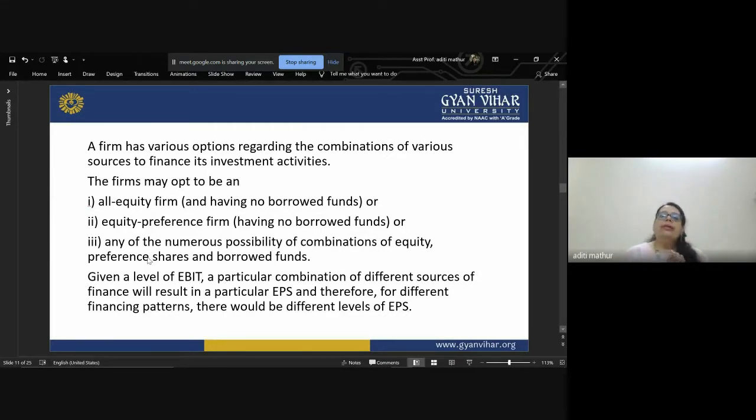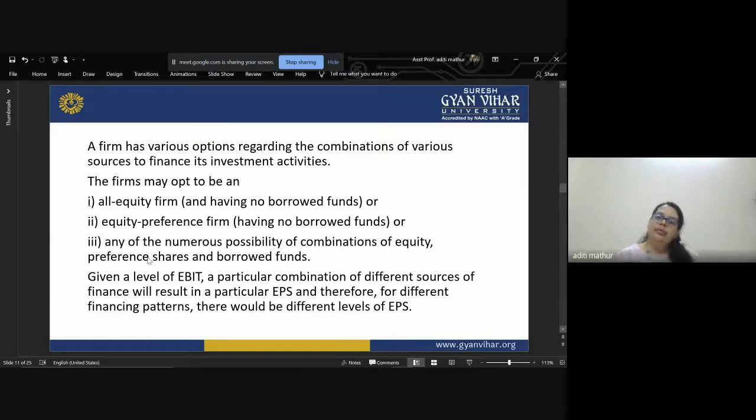So the firm may have various combos or various ratios between the different sources of finance. It might be an all-equity firm, that means there are no borrowed funds associated with that company; it is solely functioning on the equity amount.